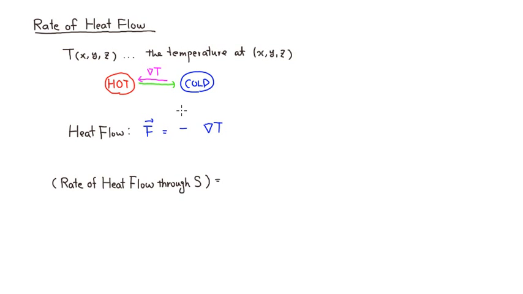But it's going to be proportional to negative gradient T. So we have some constant k, capital K, as a constant. K is a conductivity constant.